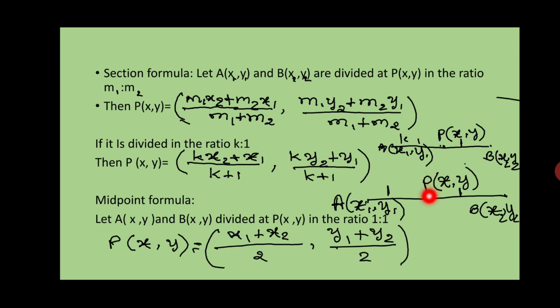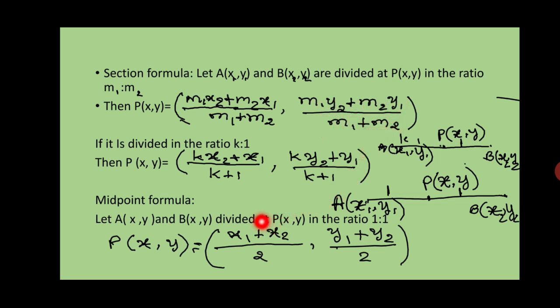How can you find the coordinates of point P? Coordinates of point P is given by the new formula. See here, m1 is 1, m2 is also 1. So, the formula is changed in this way. See, 1 into x2 plus 1 into x1 divided by 1 plus 1. 1 plus 1 is equal to what? 2. Similarly here, 1 into y2 plus 1 into y1 divided by 1 plus 1. It's equal to 2.